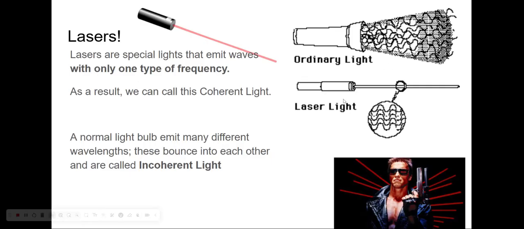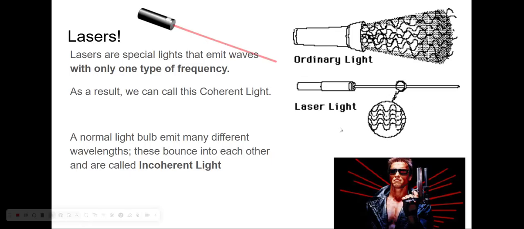But when we have a laser, it's not only the same wavelength of light, but those wavelengths themselves are perfectly organized, kind of like knitting on a sweatshirt, okay? They're perfectly organized and focused. And that's really the difference between laser and regular light, is that laser light is coherent.